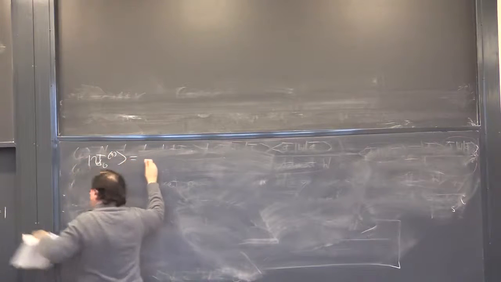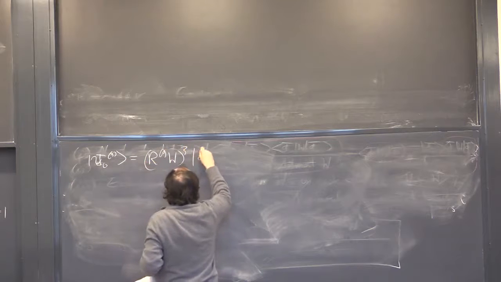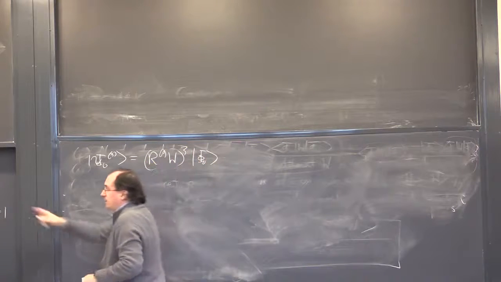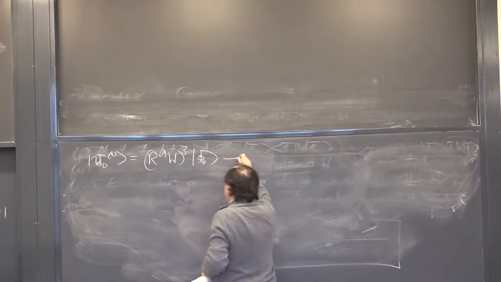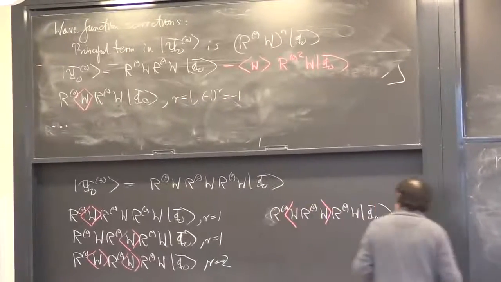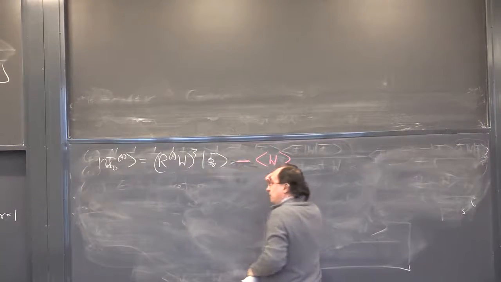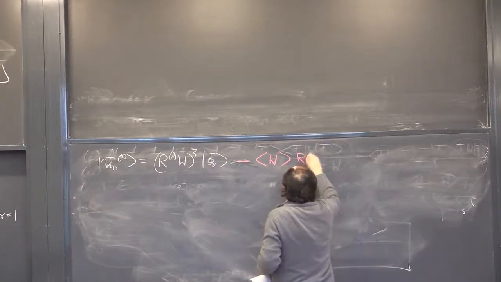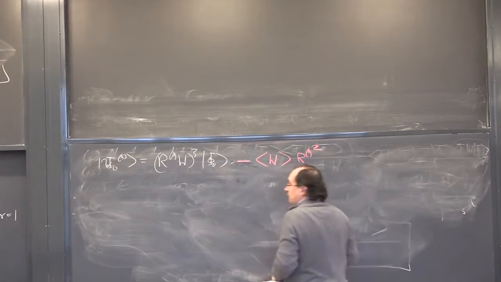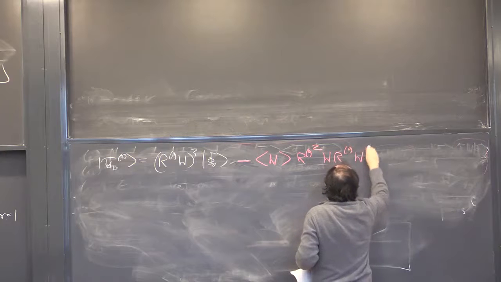The principal term is, of course, R0 W cubed phi 0. Then the next term has R equal 1, so it counts with a minus. I can write it in red so we can see the renormalization terms. So the next one is minus expectation value of W. You take it out, and then you have a resolvent running into another resolvent, so that's R0 squared. Then you have W R0 W phi 0.